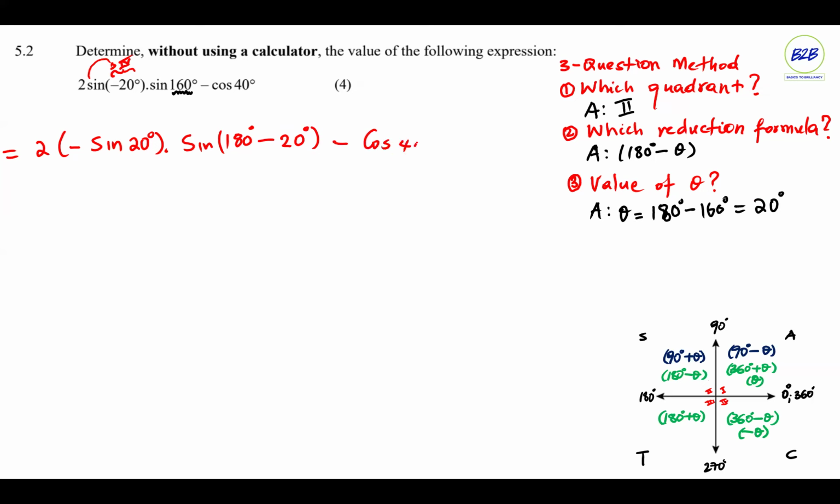Because 40 degrees is already between 0 and 90 degrees. So the core purpose of using reduction formulae is to reduce an angle so that it can be between 0 and 90 degrees. And in this case, 40 degrees is already between 0 and 90 degrees.